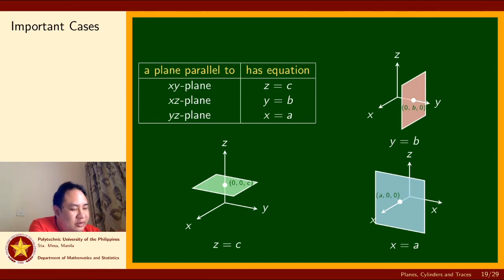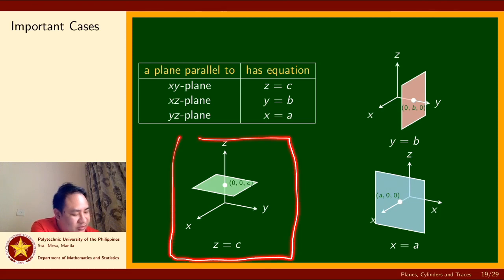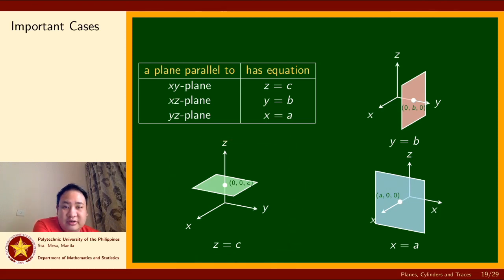That's why the equation of a plane parallel to the xy plane is of the form z equals c. In the diagram, it is as shown. Parallel sa sahig, sa ground, sa xy plane, yung green plane.